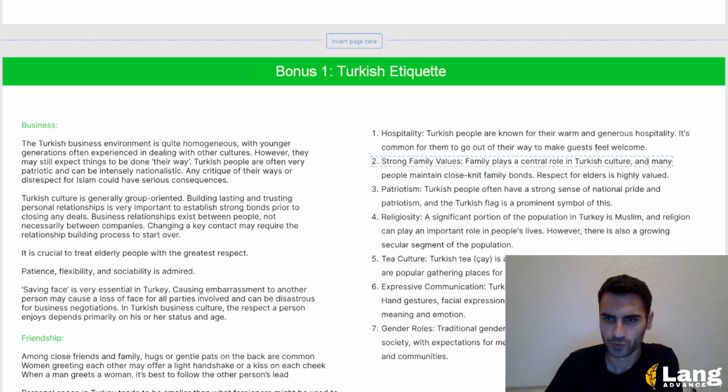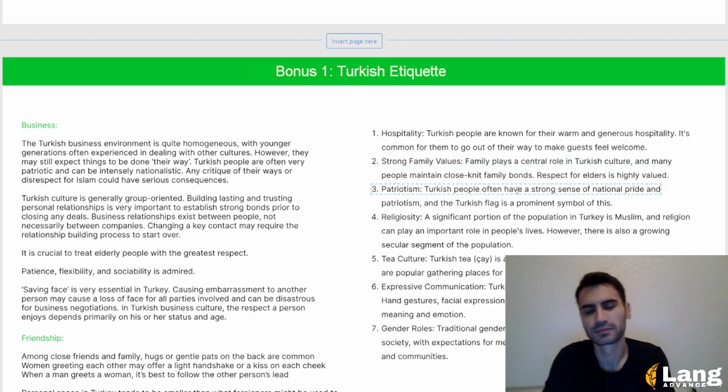Strong family values. It's traditional family, usually. Patriotism. Yes, you will notice flags everywhere, you will be surprised.